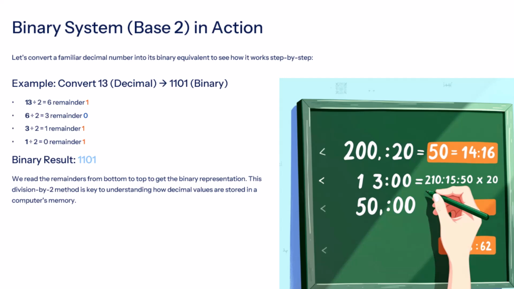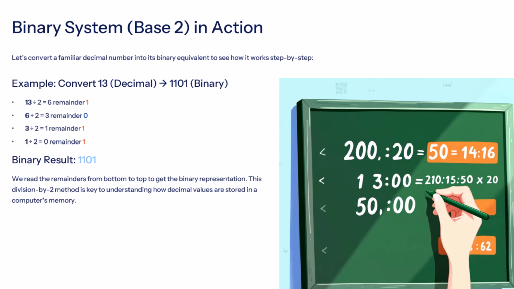Back to our binary system. For example, this is how a computer is going to see the number 13: 1, 1, 0, 1. That is basically how a computer sees the number 13. This is how we come up with binary.